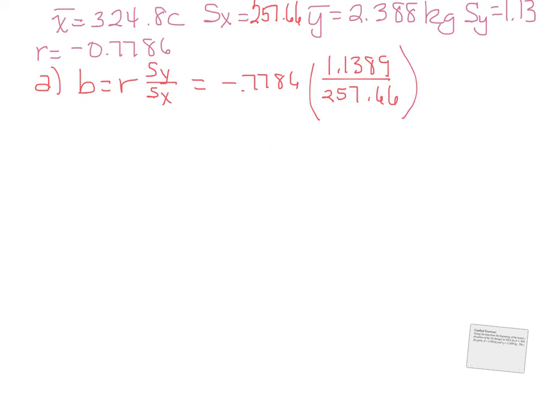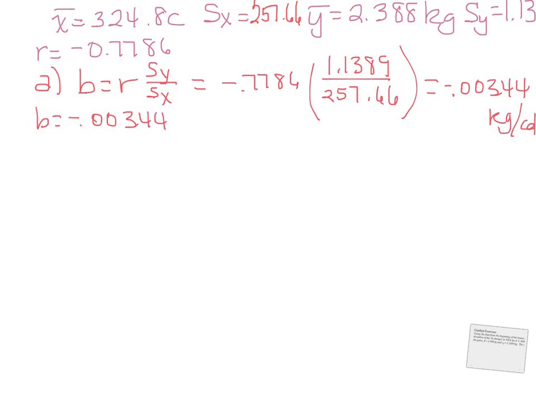All right. So what we're going to do is just find the equation. So we've got b equals, if we work all that out, we get negative, this should look familiar, 0.00344 kilograms per calorie. Now we've got our slope, so b equals negative 0.00344.